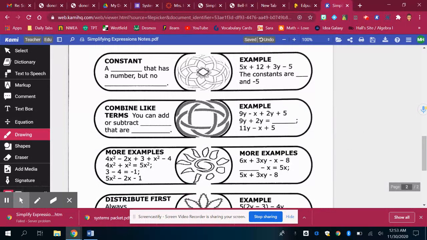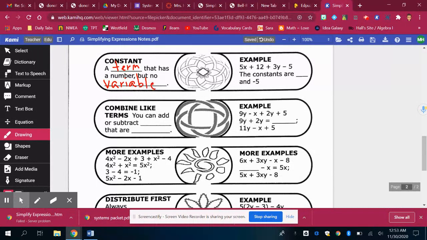A constant is a term that has a number but no variable.